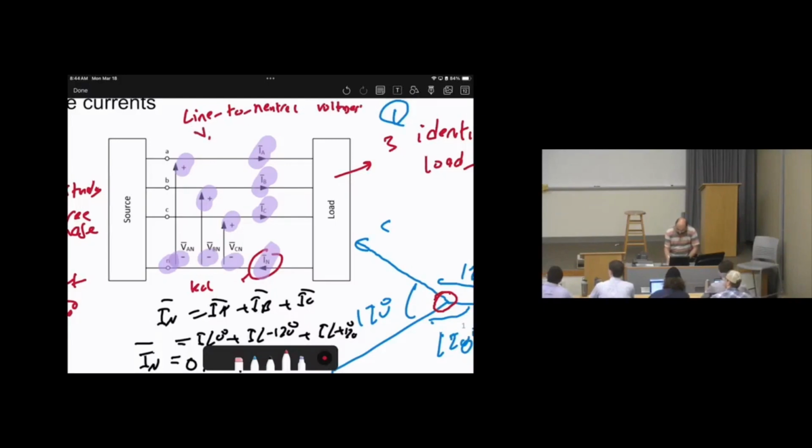This means we have VAN, VBN, VCN, and don't forget the bars. Live can be any of A, B, C. Neutral is the negative returning current, or returning conductor. When we have 4 currents, IA, IB, IC, then we have a neutral. Just look at this diagram, then you can get used to it.